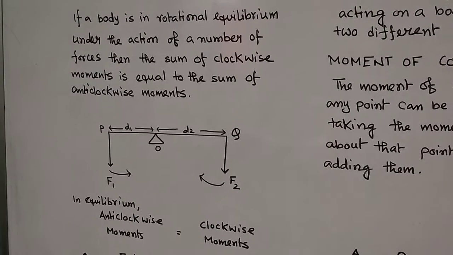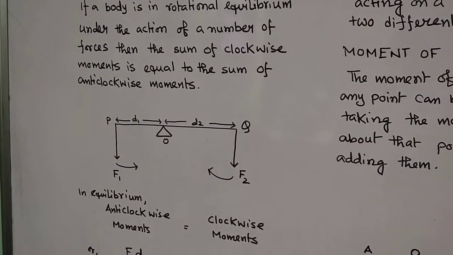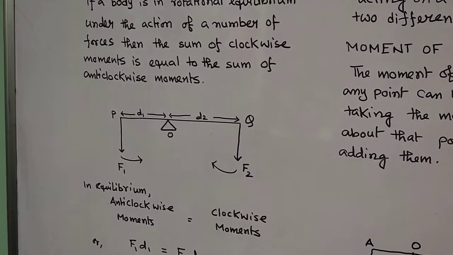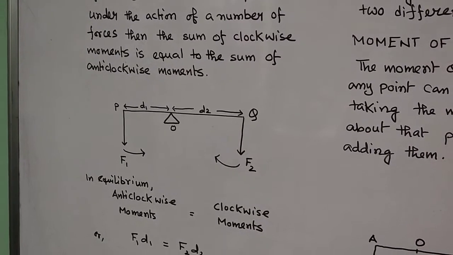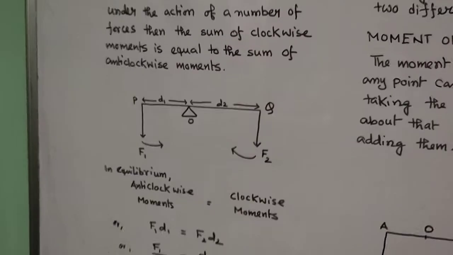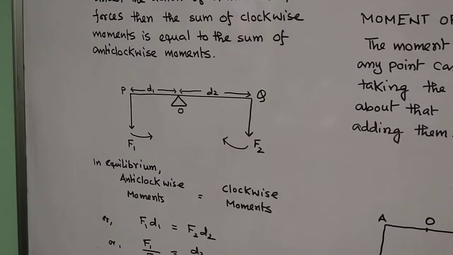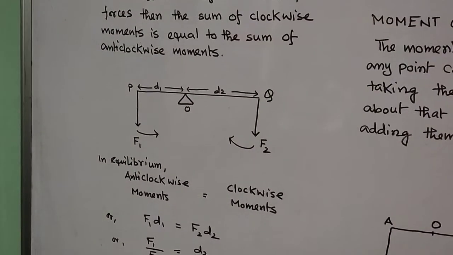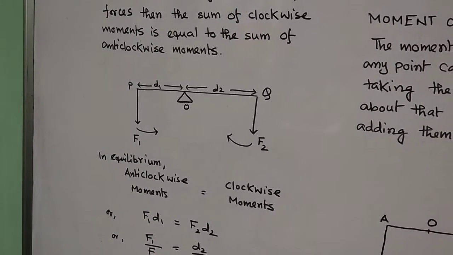So if you consider this diagram, suppose PQ is a solid rod supported at O by a support, and two forces F1 and F2 act at points P and Q. If you consider the translational equilibrium, then the sum of F1 plus F2 is equal to the resultant force which acts at O in the opposite direction.